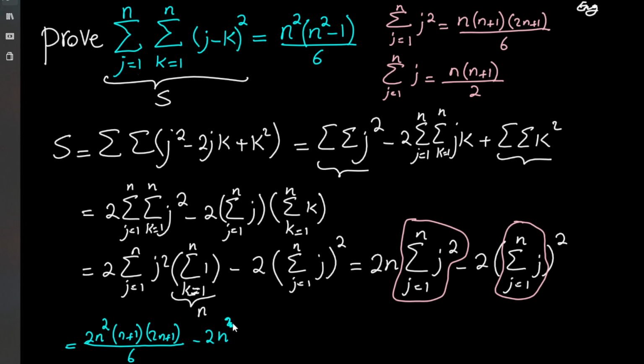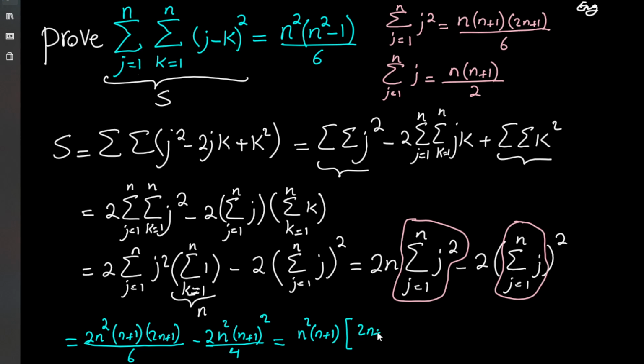Let me just make it cleaner. What we have is n squared times n plus 1 squared divided by 4. Now, if you simplify, we can factor out n squared times n plus 1 from both of these terms. As a result, 2 over 6 becomes 1 over 3, and then we only have 2n plus 1.